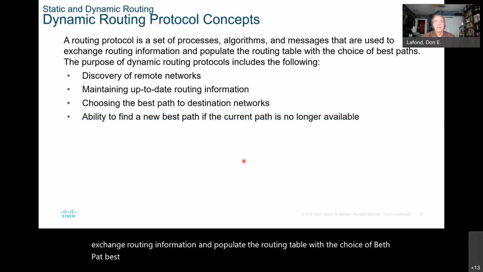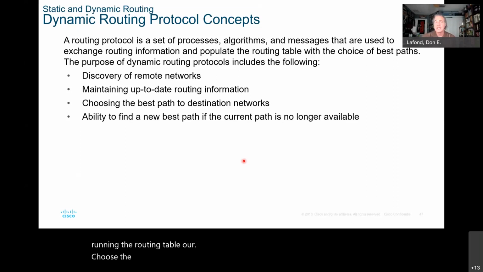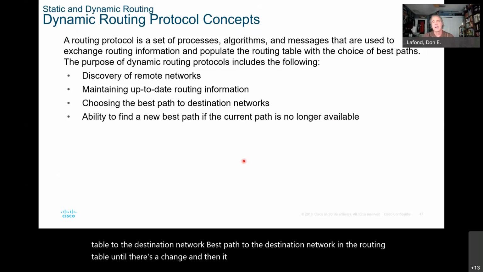The purpose of the dynamic routing protocol includes the following: discover remote networks, maintain up-to-date routing information in the routing table, choose the best path and only include that best path in the routing table to the destination network, and keep the best path in the routing table until there's a change, and then it finds the next best path and puts that into the routing table.